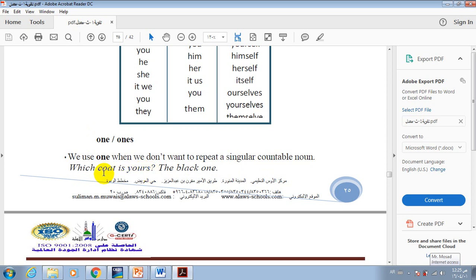Here in this question, he asks about the coat, and when I want to answer, I can say the black one. Here he used the pronoun one instead of coat. We can say the black coat, but if we don't want to repeat the singular countable noun, we use instead the pronoun one.